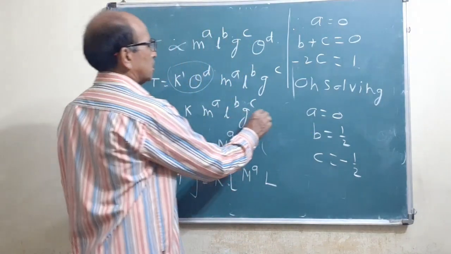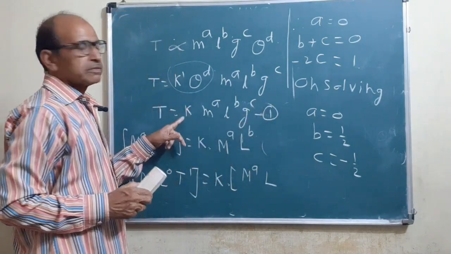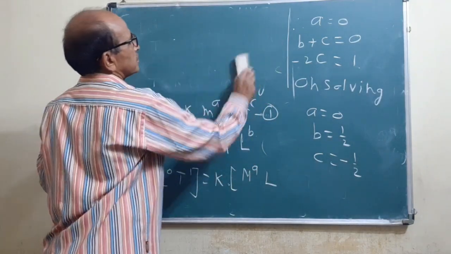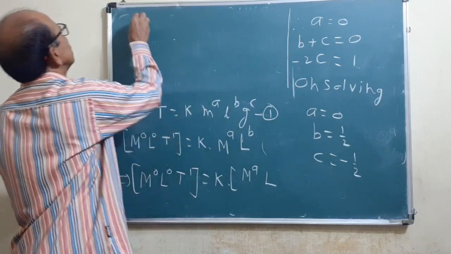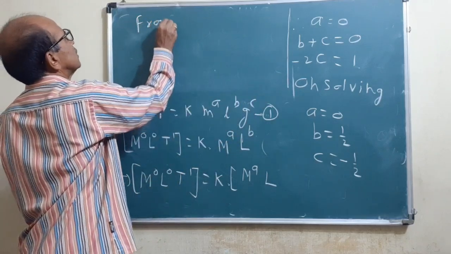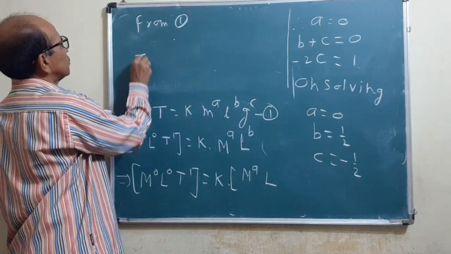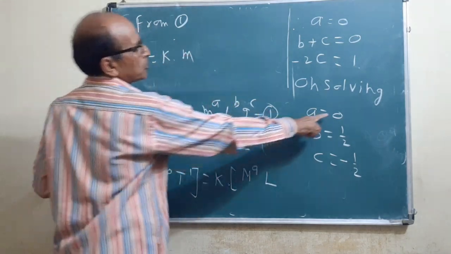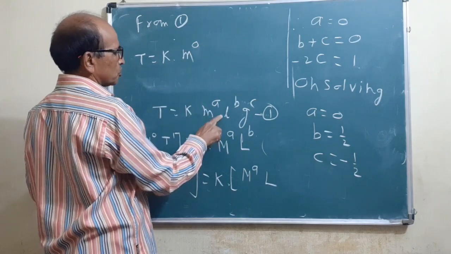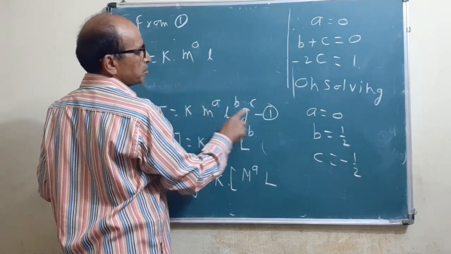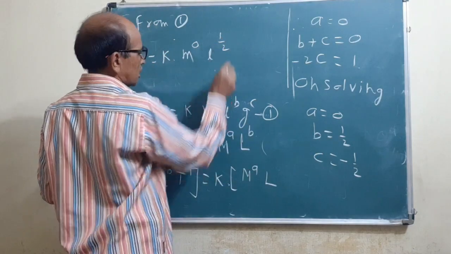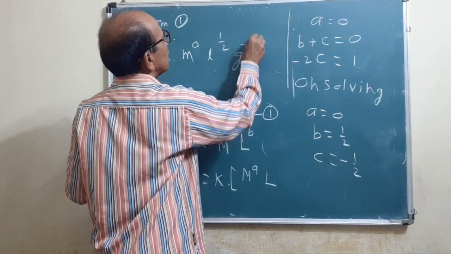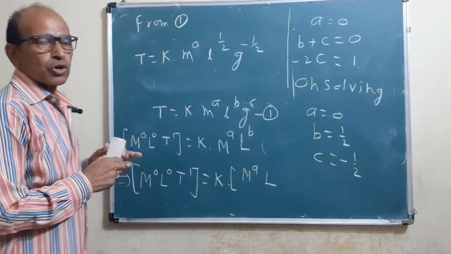From equation 1 we can say T is equal to k m to the power 0, L to the power b that is half, and g to the power c that is minus half. This you will write.